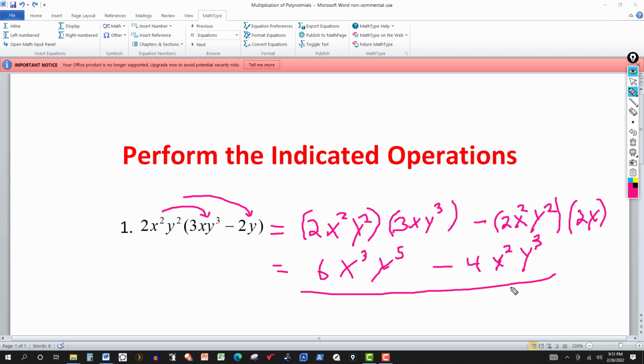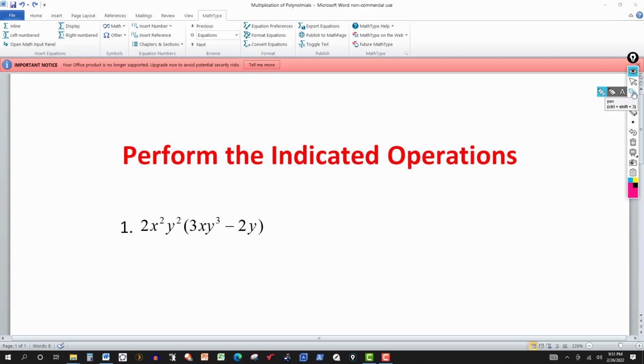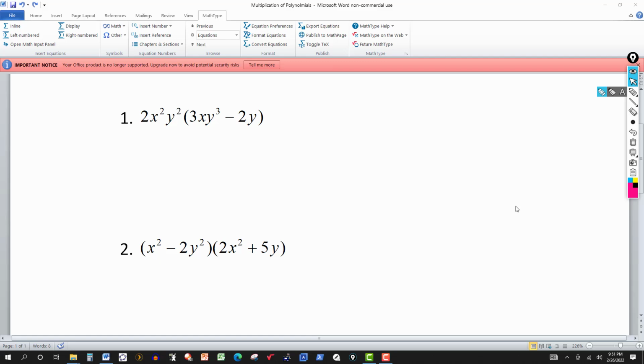That's your solution. So in this case, in number 1, we're multiplying a monomial times a binomial. Binomial because the second one has two terms. Okay, this one's a binomial times a binomial.